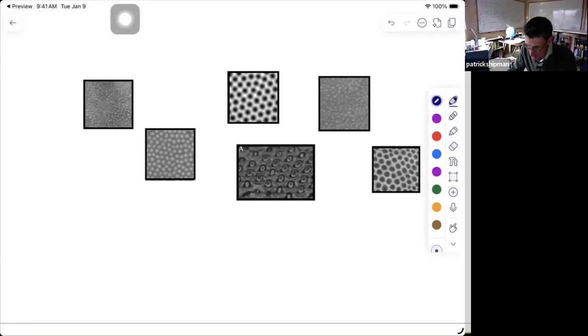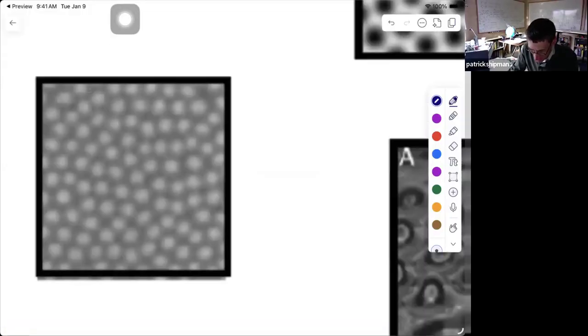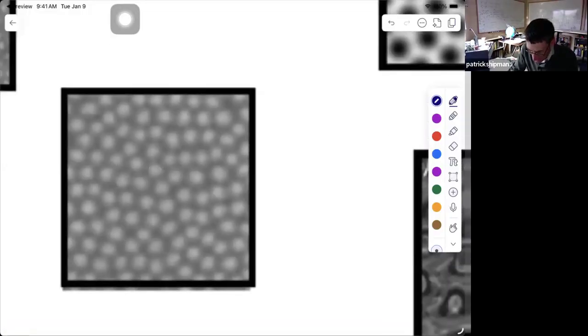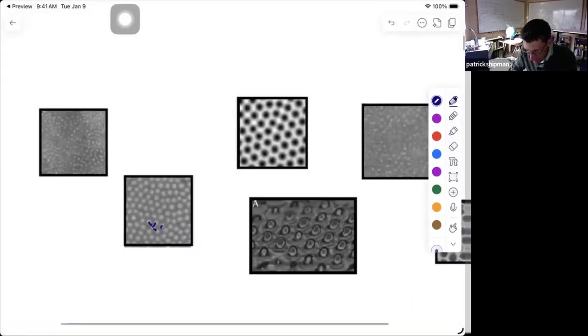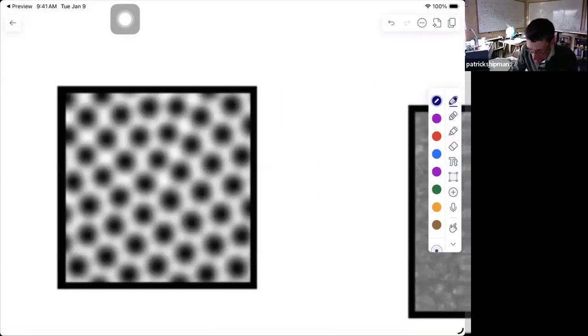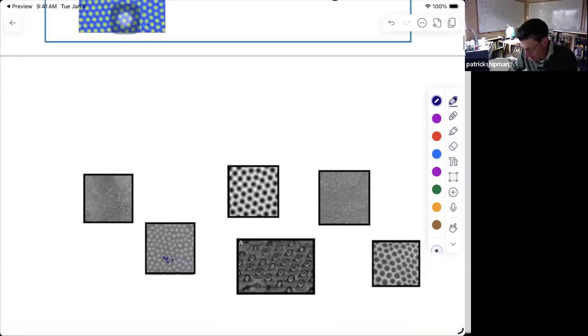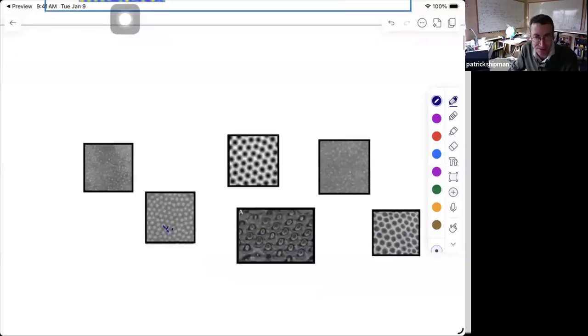The idea is that you look at this and you see locally some nice hexagonal structure, there's some surface there. And you look over here and you see some nice hexagonal structure.